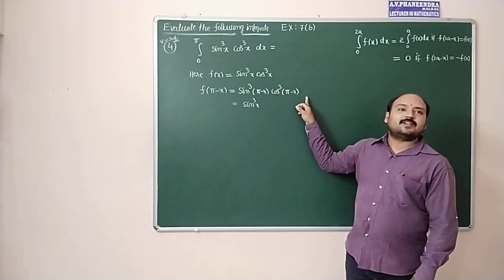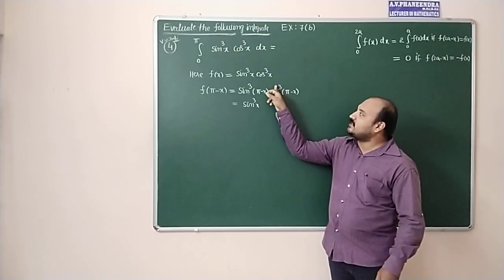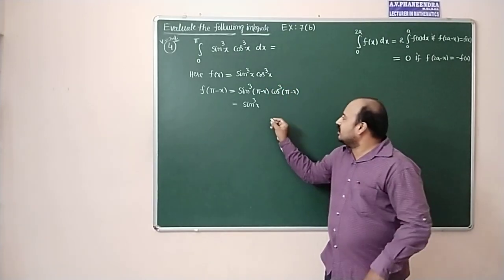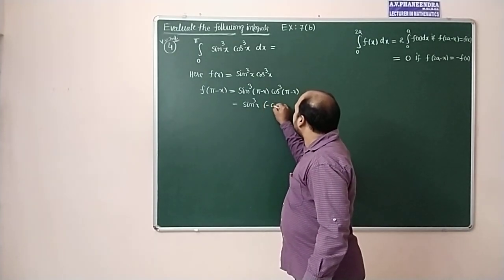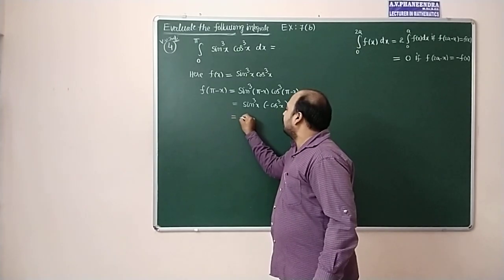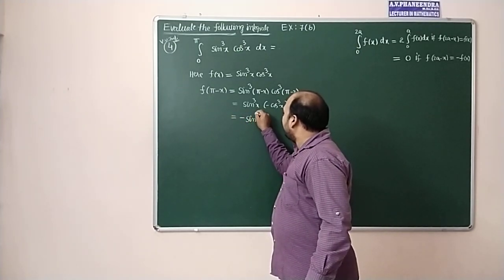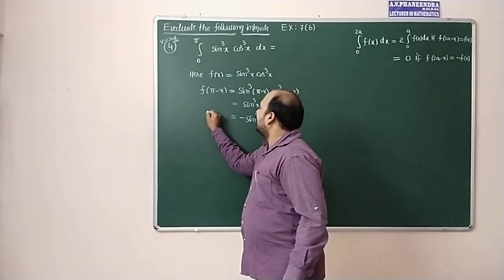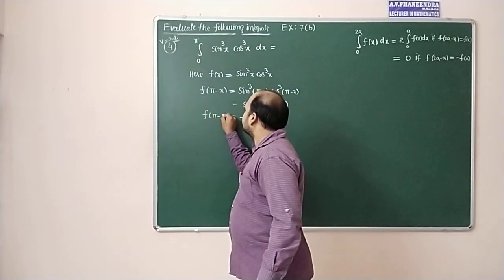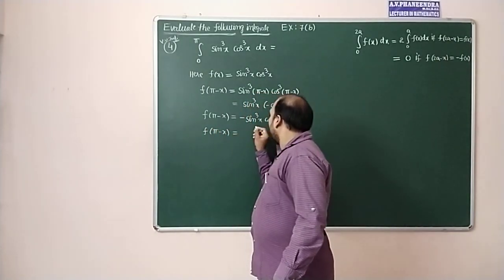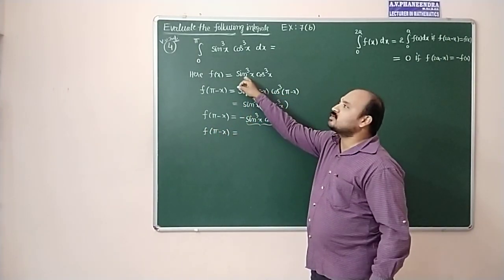Cos of pi minus theta is minus cos theta. Minus cos theta how many times? 3 times. Odd number of times. Minus will come. So minus cos cube x. So minus into plus is minus. Minus sin cube x into cos cube x. So f of pi minus x is equal to, from here to here we can express as f of x only, no?